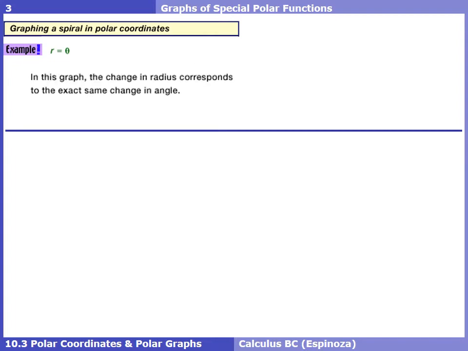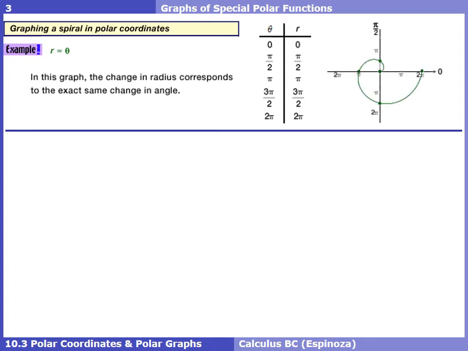Well, what that would produce is a graph where the change in the radius corresponds to the exact same change in the angle, since they're both equal to each other, kind of like y equals x. What happens when we do that is for every theta, it's the exact same r. And when you plot those points, you end up with a spiral. So kind of add this to the list again of all these polar graphs that you're going to need to become familiar with.